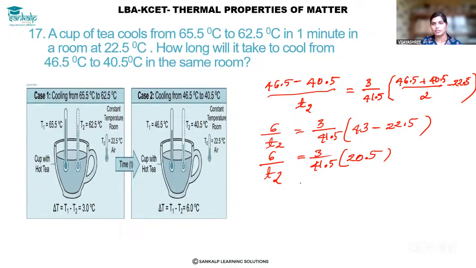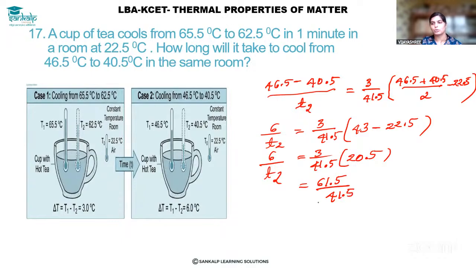Further simplified, 20.5 into 3 is 61.5, so 61.5 divided by 41.5, right?